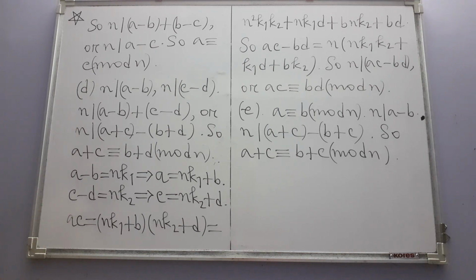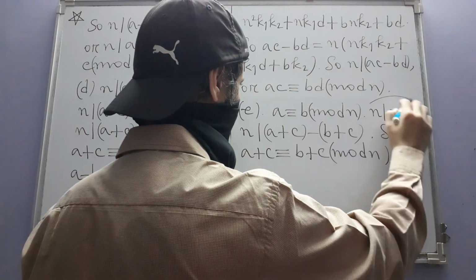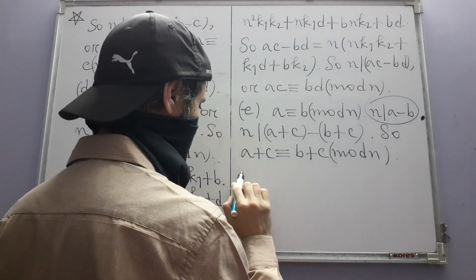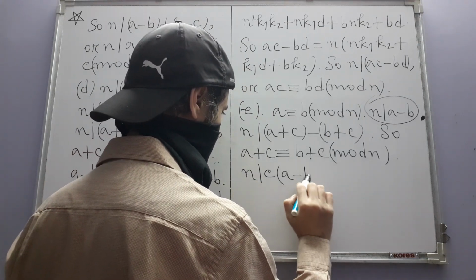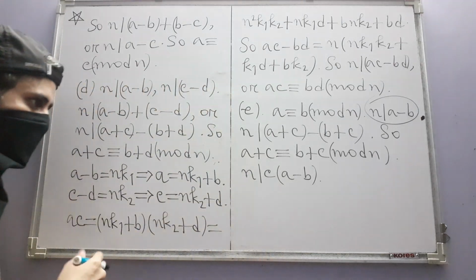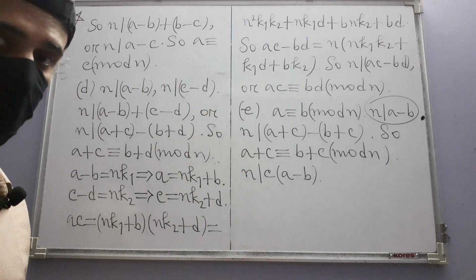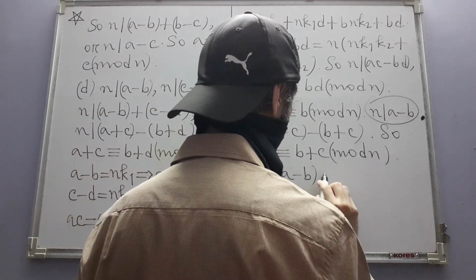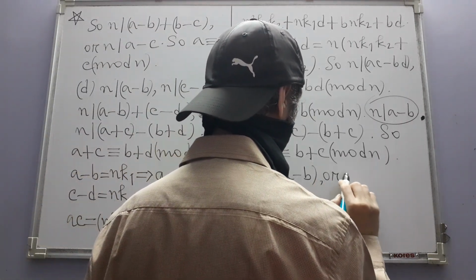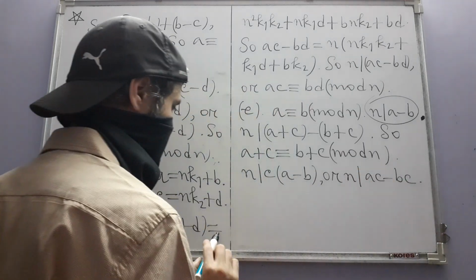But there is a product part in this one also. For that, from this divisibility relation, you get this as well. If n is dividing A minus B, then n would divide some multiple of A minus B as well, this multiple, or n dividing AC minus BC.